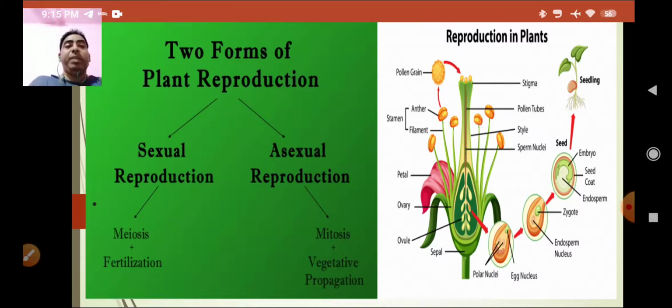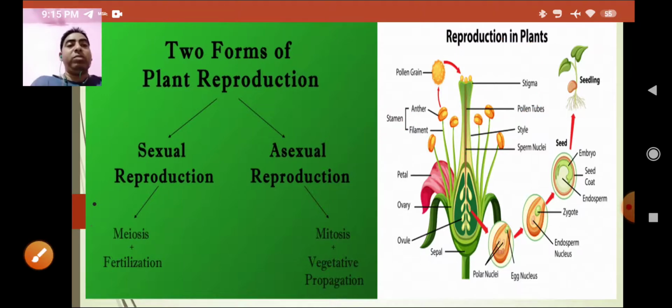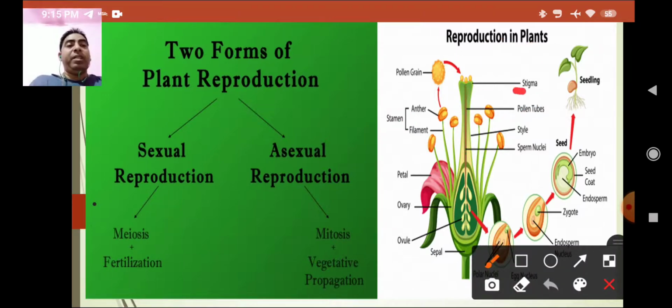They have male reproductive parts, that is the stamen, and female reproductive parts, that is the carpels, which include the stigma, style, and the ovary. This is the female part.